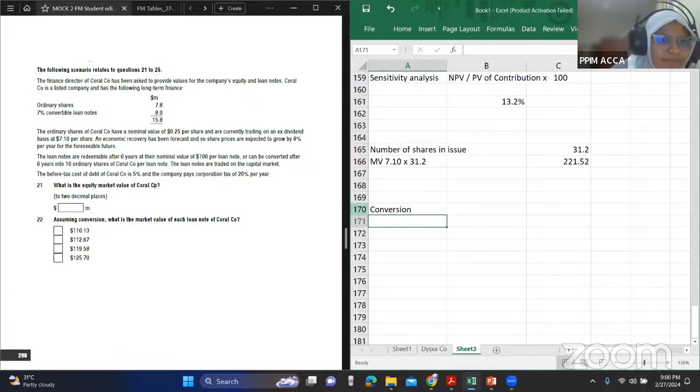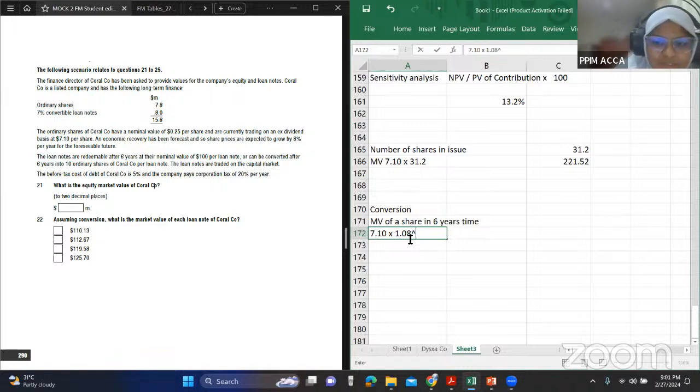For conversion, after 6 years, you can get 10 ordinary shares. So first let's find out what's the market value of a share in 6 years time. How much will it be? Currently it is 7.10. It will grow at 8%, so 100 plus 8 is 1.08.